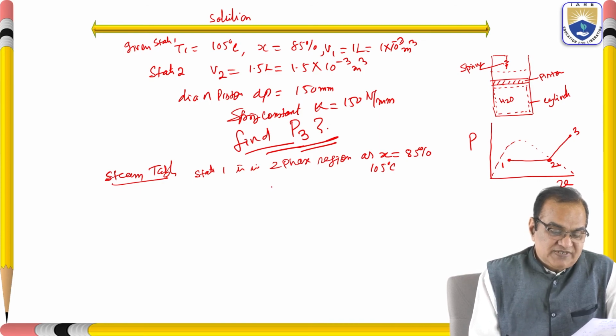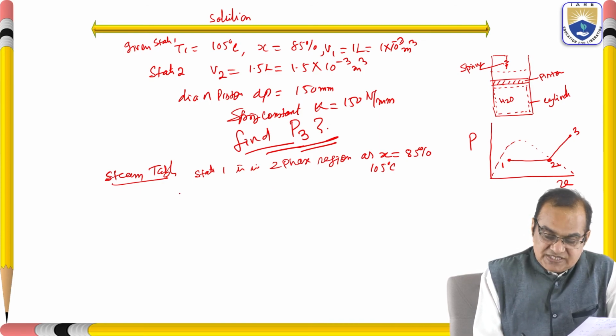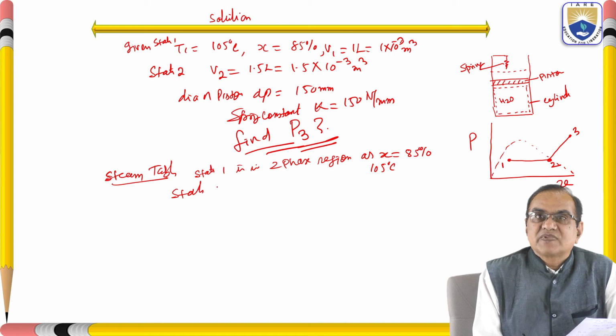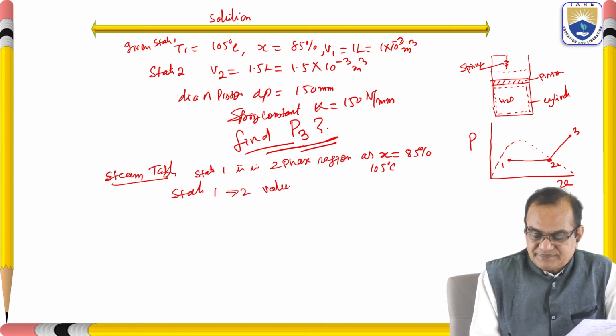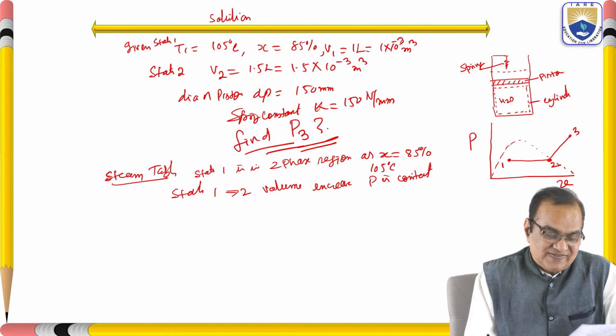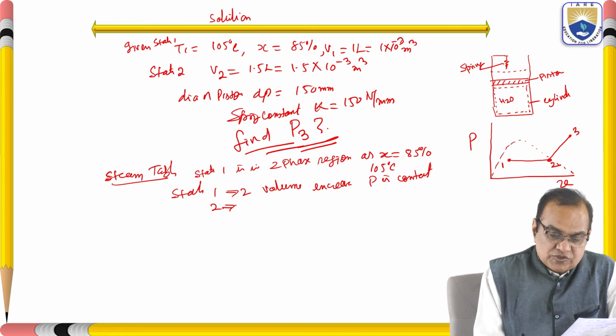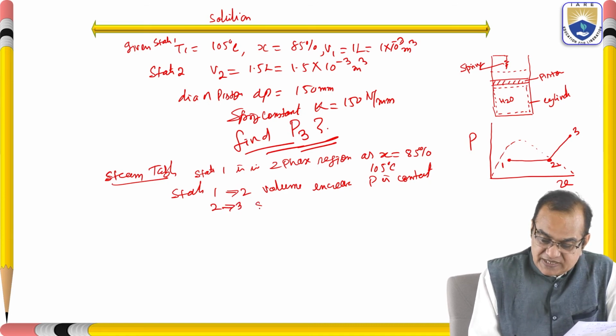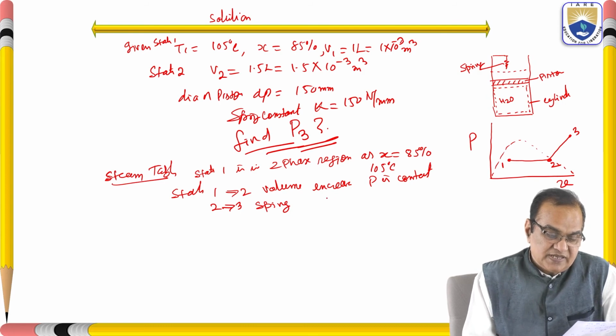So from the steam table, the state 1 to 2 volume increases, but P is constant. This you can see here. 2 to 3, state 2 to 3, spring encounters.